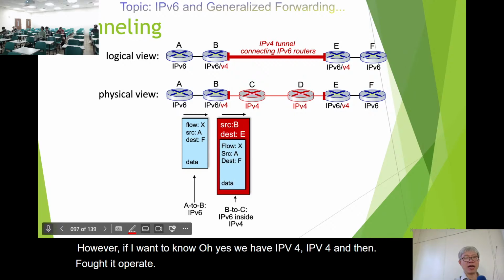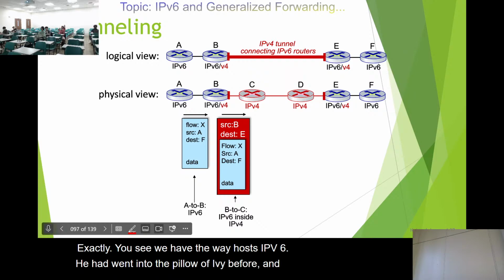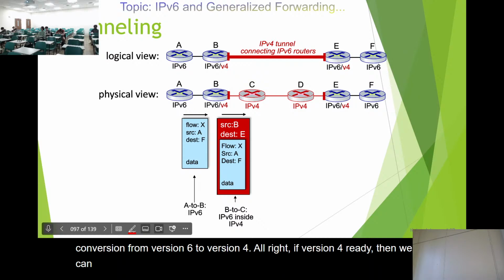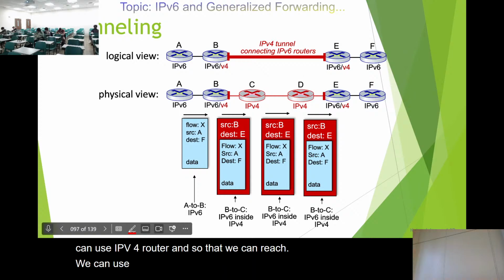you see, we put the IPv6 datagram into the payload of IPv4. And this one, we want to have the conversion from version 6 to version 4. All right, if version 4 is ready, then we can use IPv4 routers, so we can use v4 and v4 and v4 here.